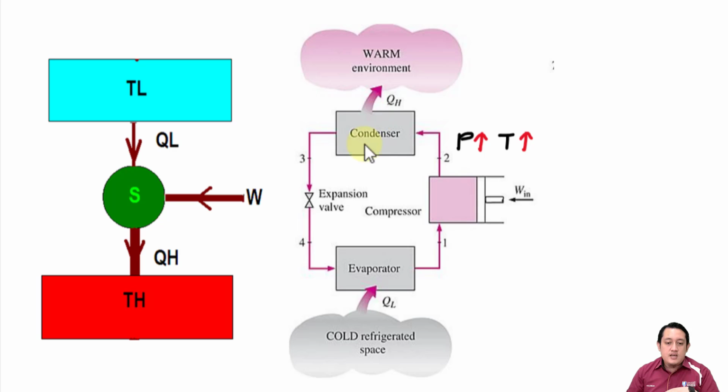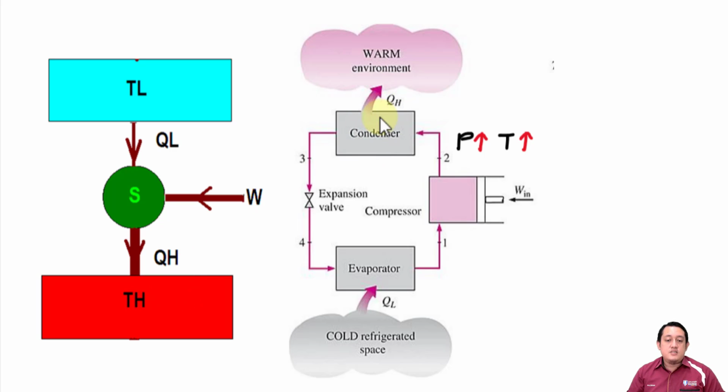This one, the condenser. In this condenser, as you can see here, it is mentioned that QH will be released to the warm environment. If you refer back to the closure statement, QH is this one, released to the warm environment, to a higher temperature region.